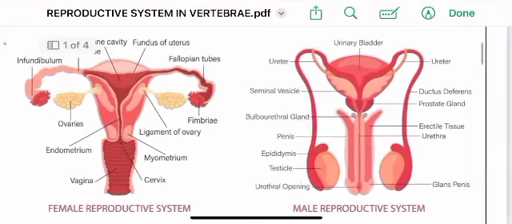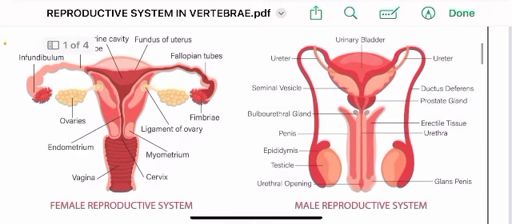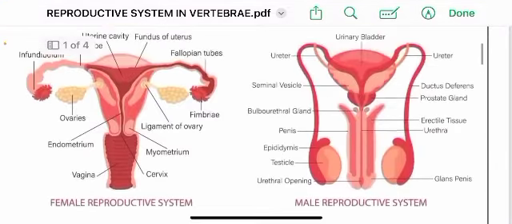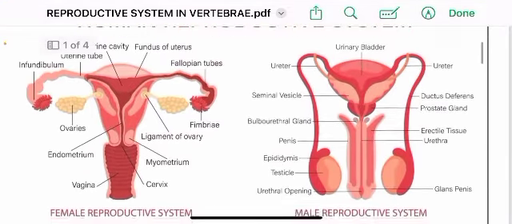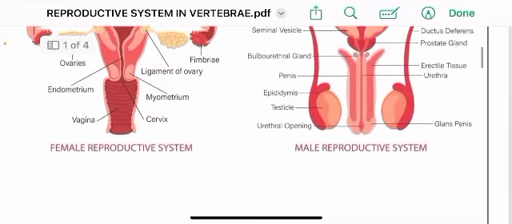Now, the vas deferens, which is also called the ductus deferens, is here. You can see the epididymis. So it carries the sperm from the epididymis to the urethra.